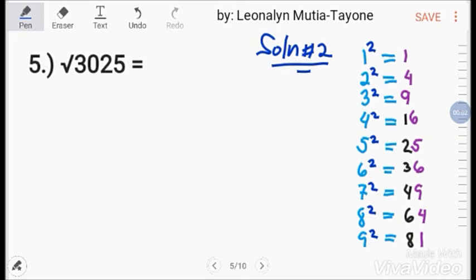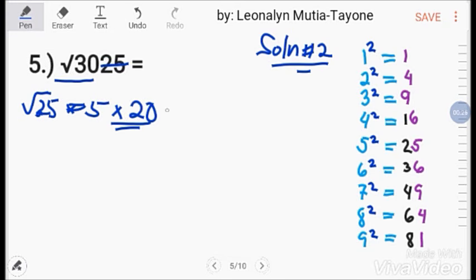Solution number 2. Ignore muna natin yan, yung last 2. Tapos dito tayo mag-focus. Itong square root of 30 hindi pwede, pababa tayo. Ano bang mga perfect square na pababa sa 30? 25. Square root of 25 is 5. 5 times 20, yung constant natin, that is 100.